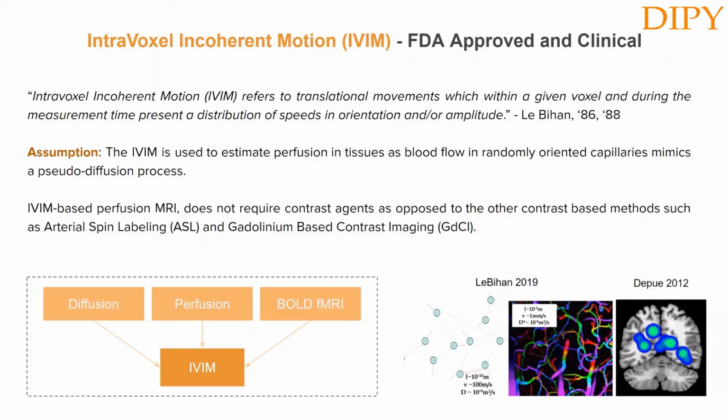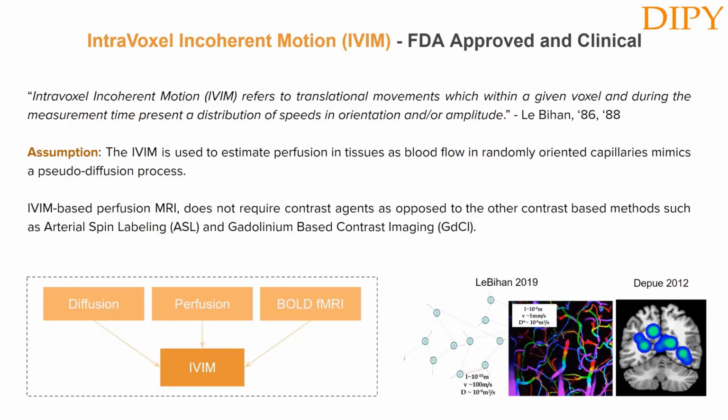So IVIM is basically a method to estimate perfusion in tissues and to capture the blood flow information in randomly oriented capillaries, which mimics a process similar to diffusion. The idea is that since they occur at similar scales, one process could be confounding the other, and we want to distinguish between the two processes.